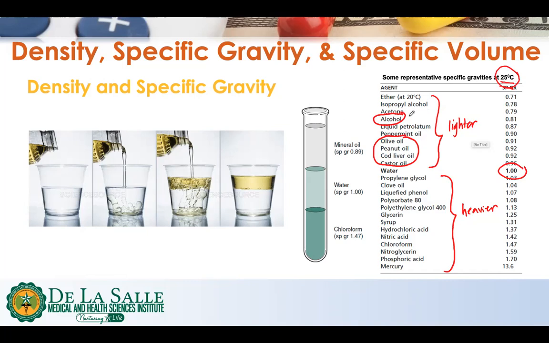For example, the specific gravity of alcohol is determined at 15.56 degrees Celsius according to government regulations, and ether has a specific gravity value determined at 20 degrees Celsius.